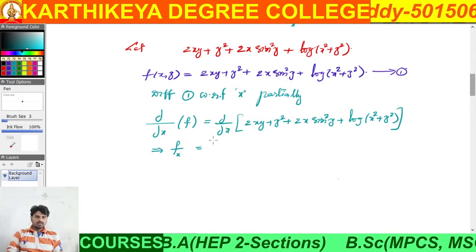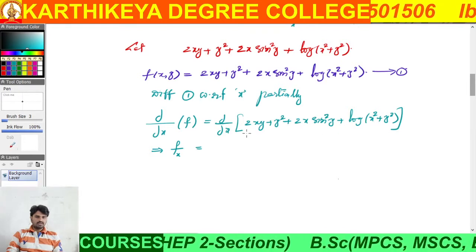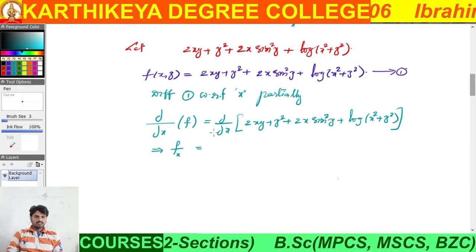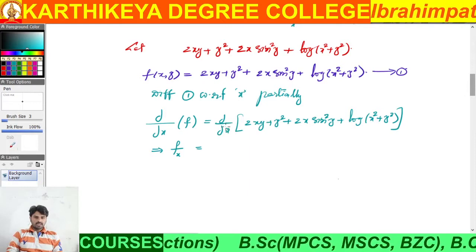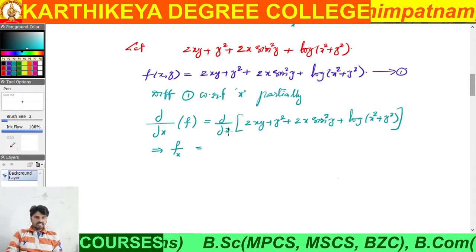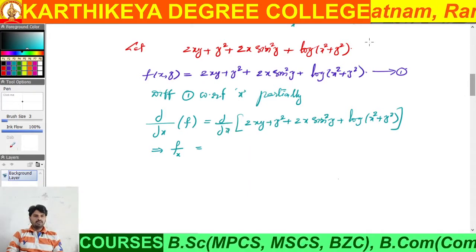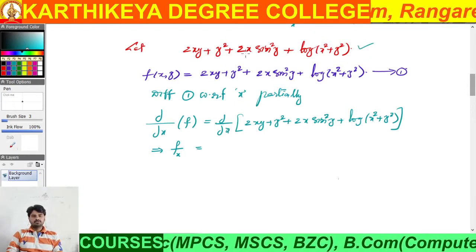Now we are going to differentiate this. Our taken variable is the x variable. How many variables does this function have? Two variables.